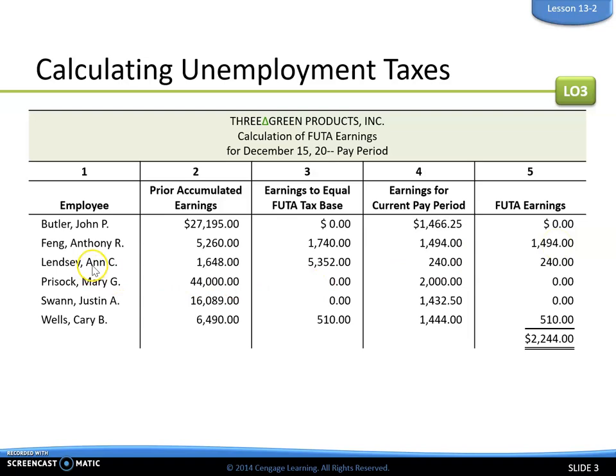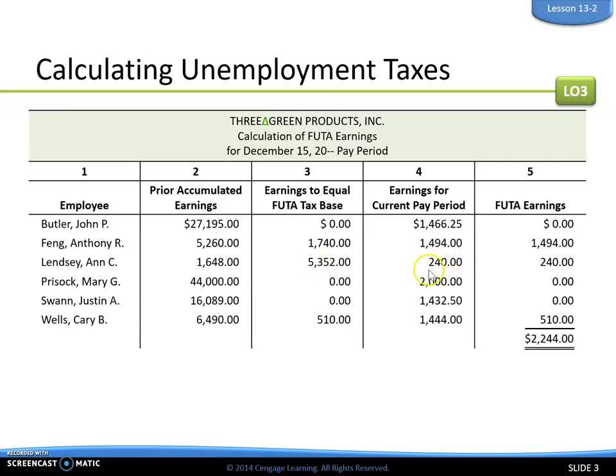If we look at Anne, she has prior accumulated of $1,648. Again, to figure out this column 3, we're going to take 7,000 minus that prior accumulated. So we still need to tax $5,352 in earnings from Anne.